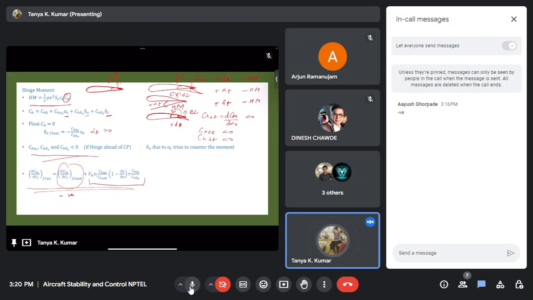What is VH? Yeah, so horizontal tail volume ratio, that's positive. Eta, is it positive or negative? Tail efficiency factor. Positive, yes. This is also positive.